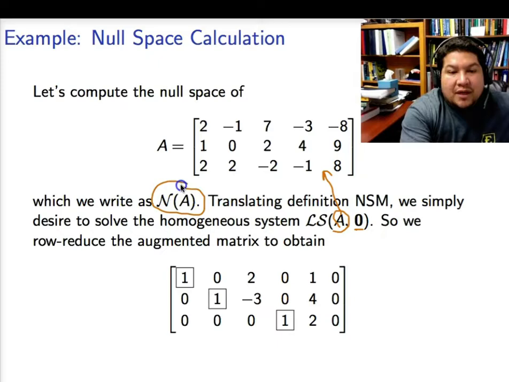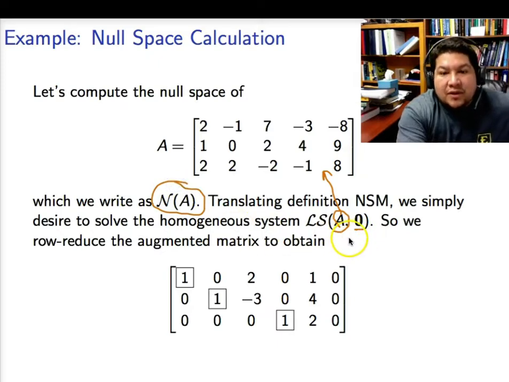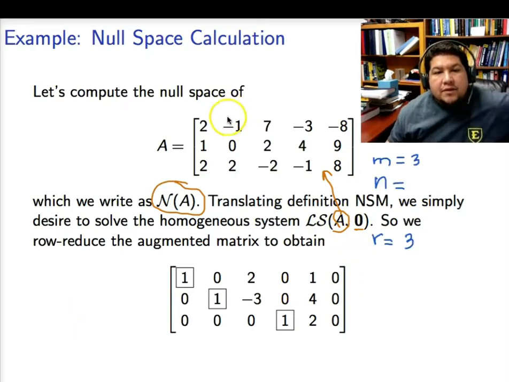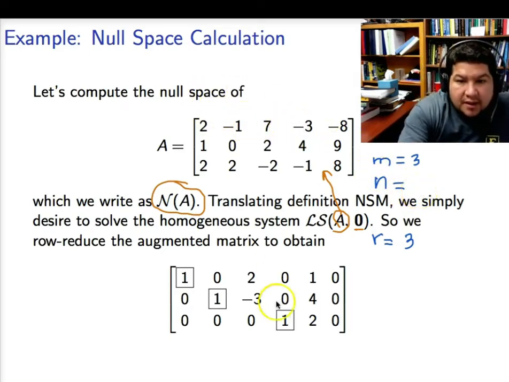To compute the null space of a matrix is no other thing than computing the solution set of this homogeneous system of equations. So in this case, we have m equals 3. We have 3 rows, and we have 5 columns, right? So here the number of columns is 5.